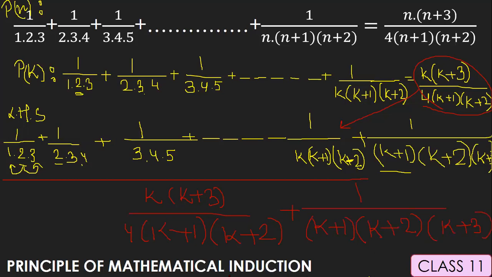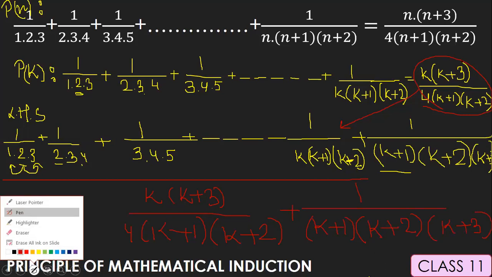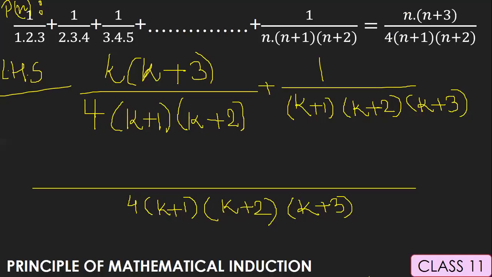Now let us take the LCM of the denominator. So this would be your LCM for k plus 1 into k plus 2 into k plus 3.